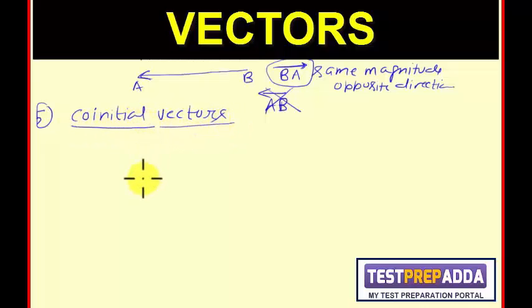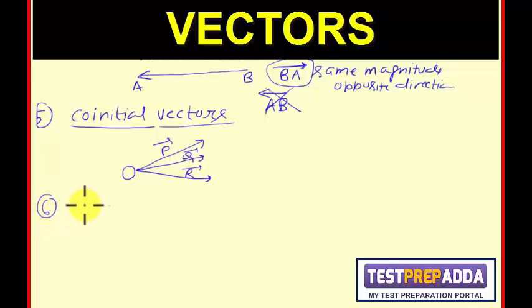As the name suggests, vectors having the same initial point. If I say vector P, vector Q, vector R, all three vectors have same initial point O. So these three will be considered as co-initial vectors.